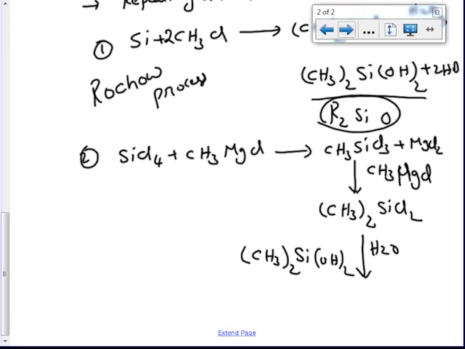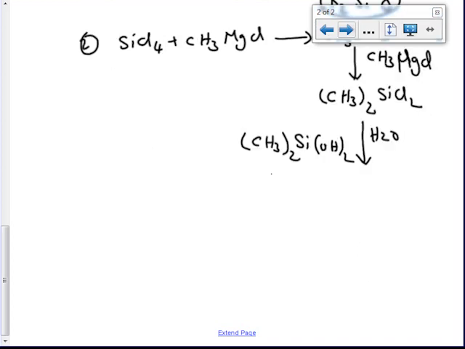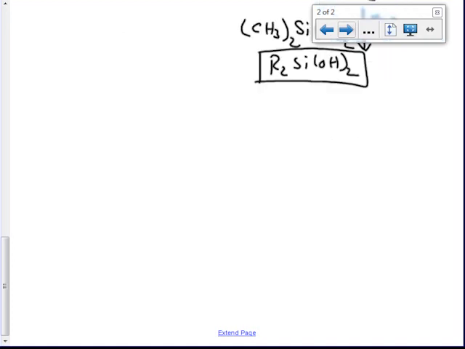This is our raw compound, looking like R2Si(OH)2. From this, two molecules are combined.